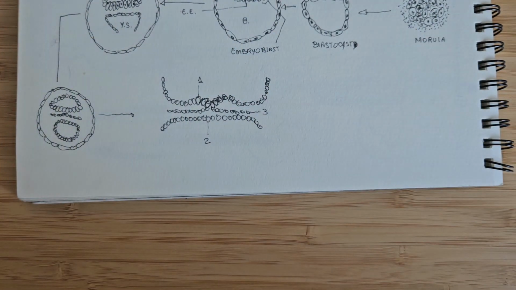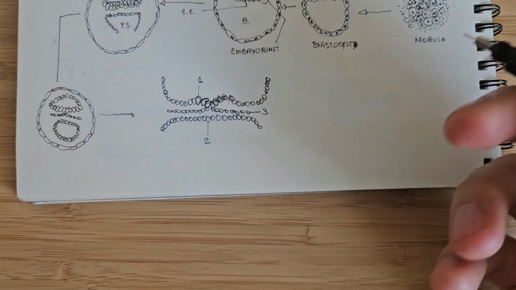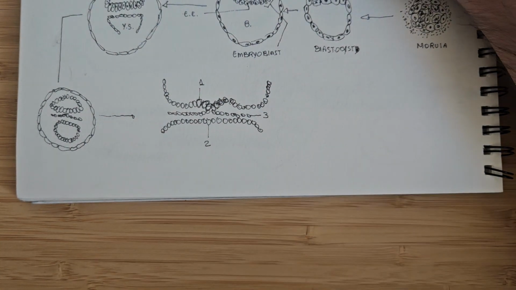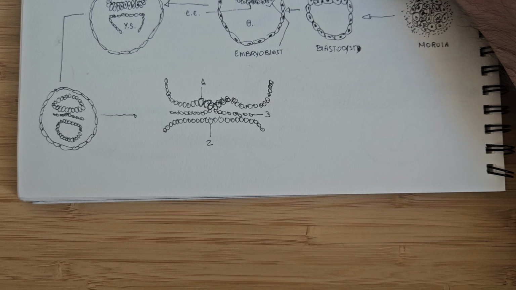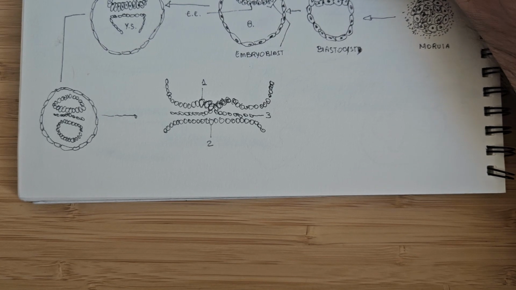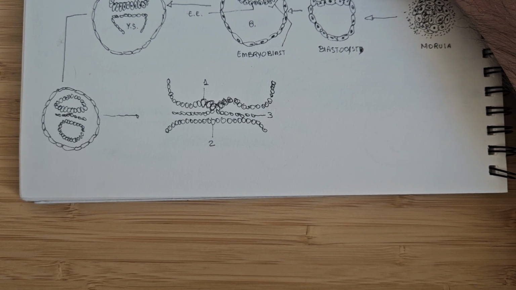The ectoderm mostly forms the nervous system and the skin. So let me just do something.